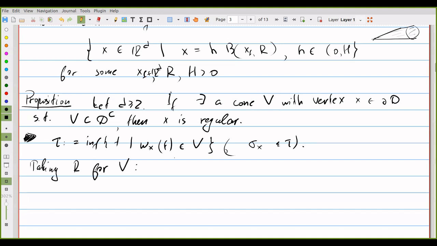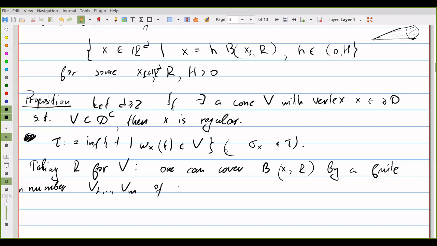Taking r for this cone, one can cover B(x,r) by a finite number W_1, ..., W_m of just rotated versions of V. So we have a boundary, this is some cone, and we can just add another here, and we will cover everything around this point, including the interior of D, etc.